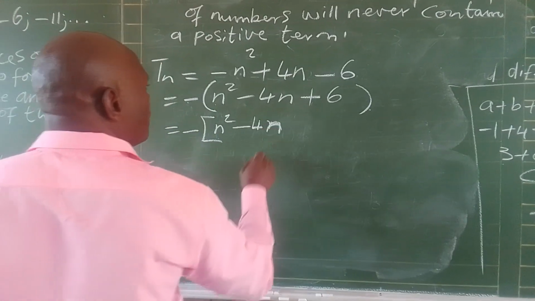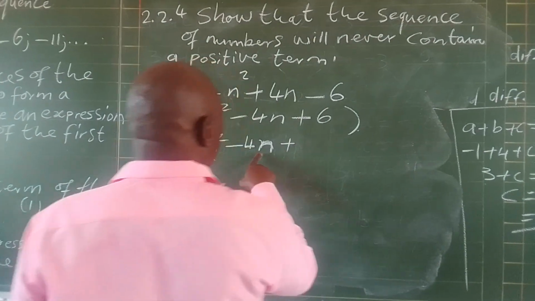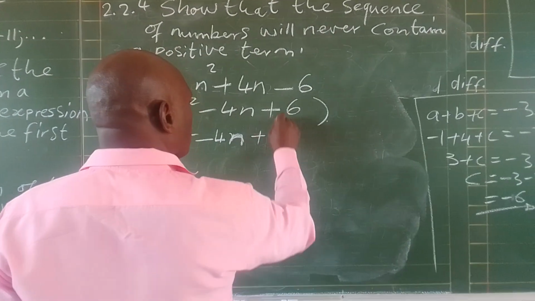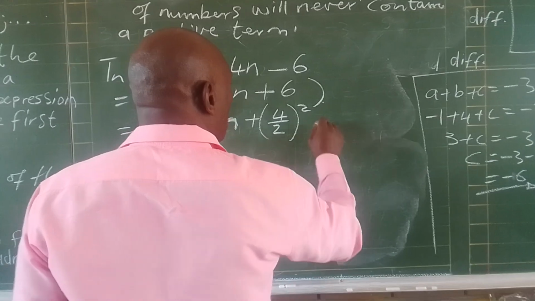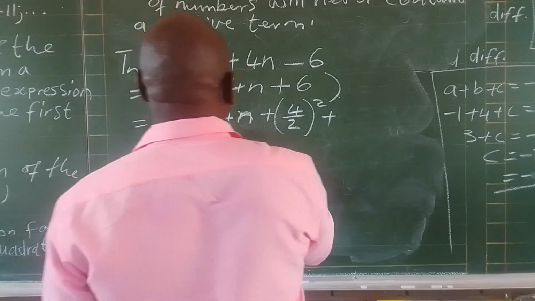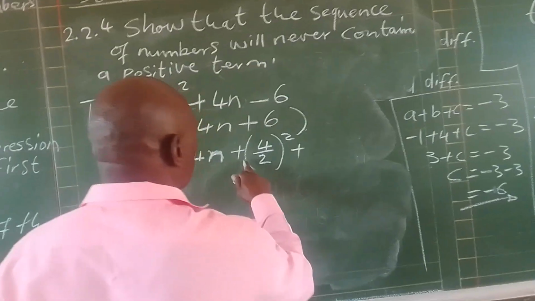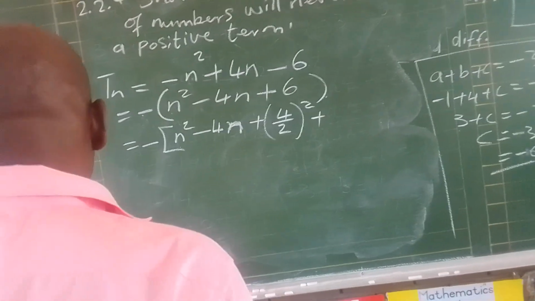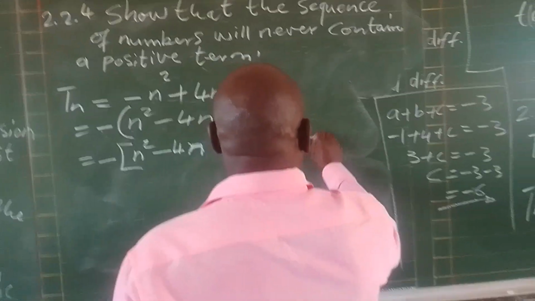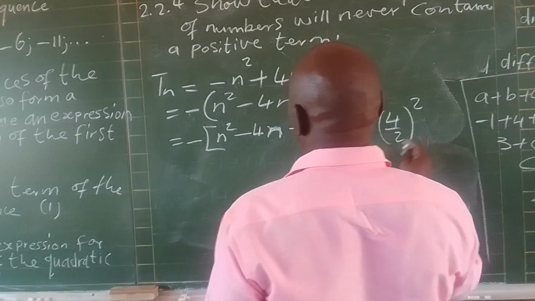Remember, when we're completing a square, you take the coefficient of x, the coefficient of n in this case, it's 4. You divide it by 2 and you square it. What you did here, you must also do it here. This was negative 4n, plus 4n, minus 4 over 2 all squared, plus 6.